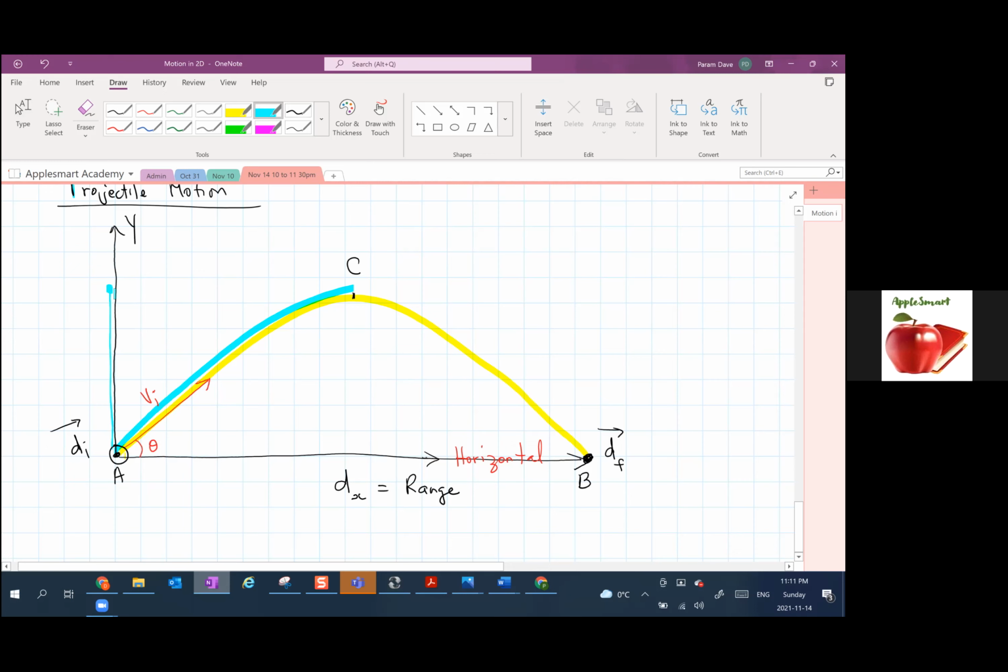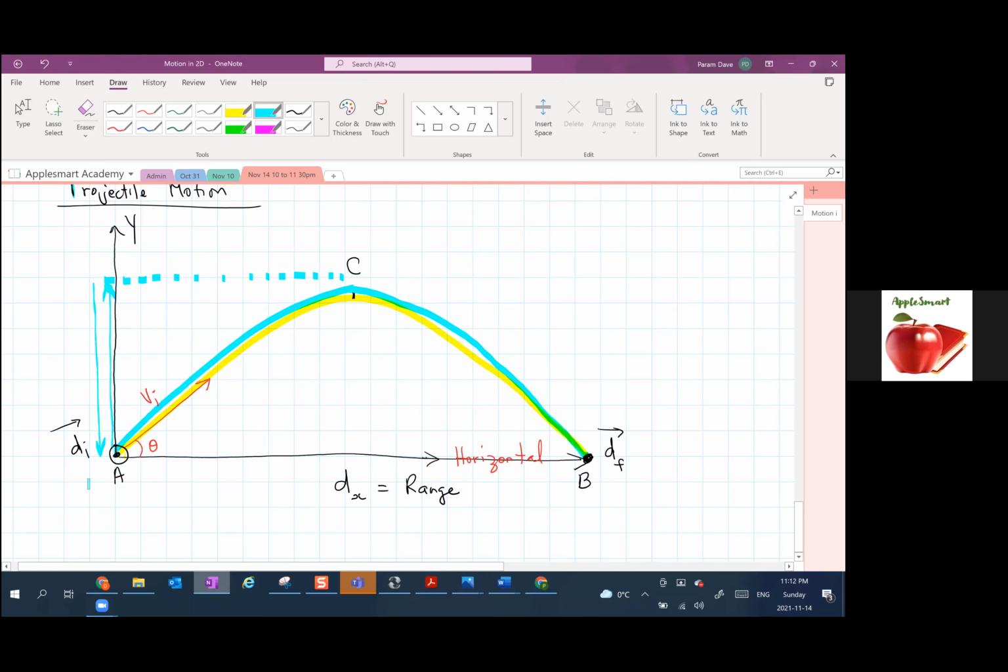And then as it goes from C down to B, vertically, wouldn't you say that it comes back to where it started, which is at A? Just vertically speaking, yes or no? It starts at the level of A, reaches that level that corresponds to C, and then it comes back down to the ground level. Yes.